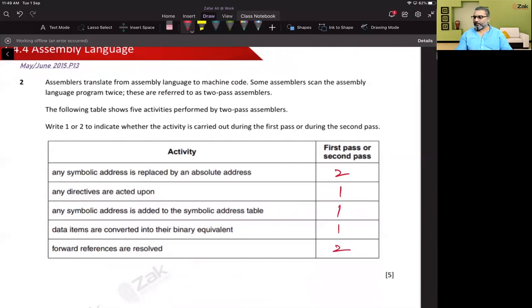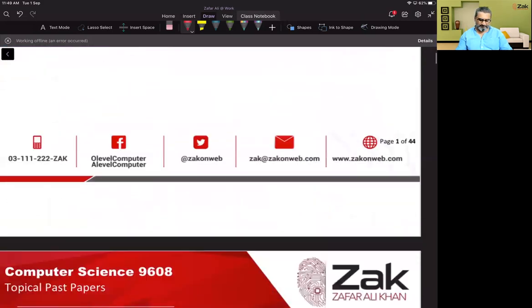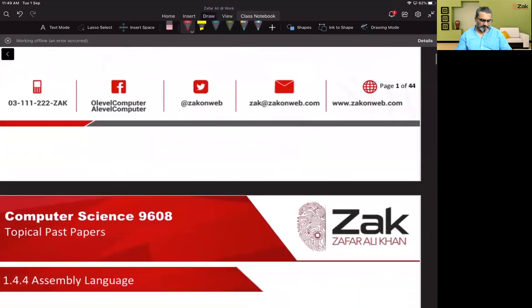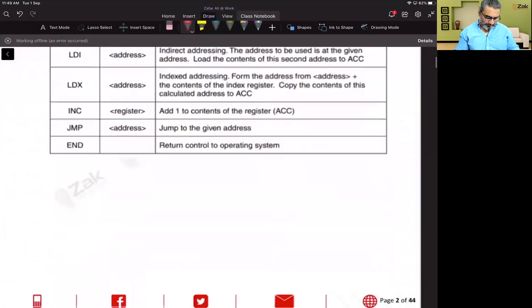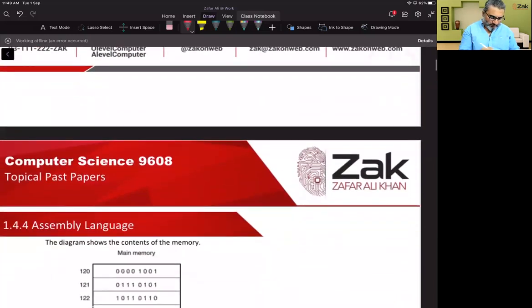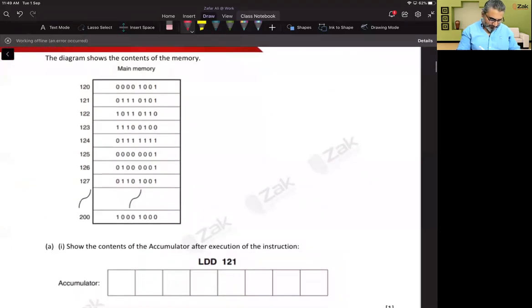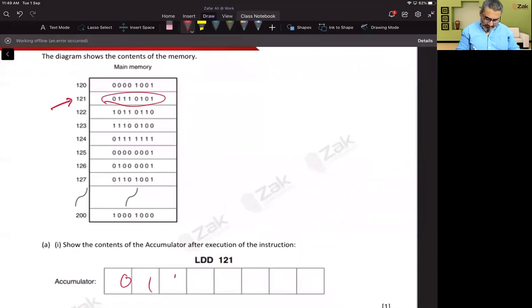Now, the diagram shows the content of the memory. LDD 121. So at 121, 0101 will be loaded.